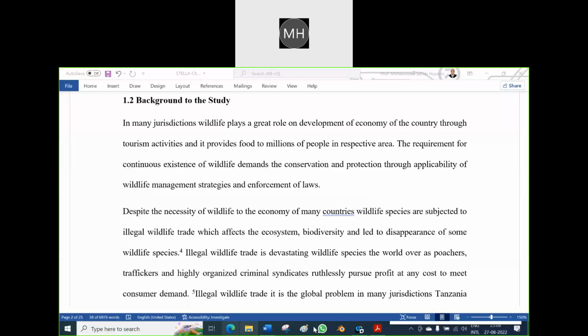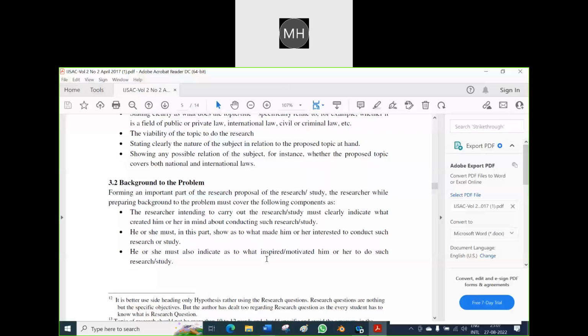So that is the point where you should come in the mind why you want to do it, and he or she must in this part show what made him or her interested to conduct such a research study. So how the idea is generated and why she wants to do it, and that idea should come into the background of the problem.